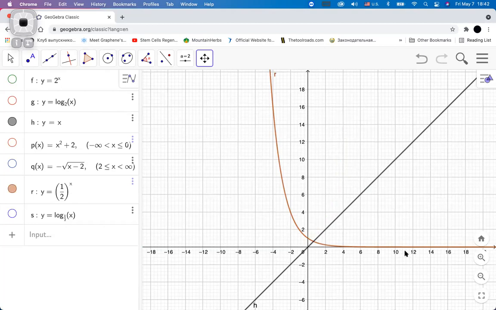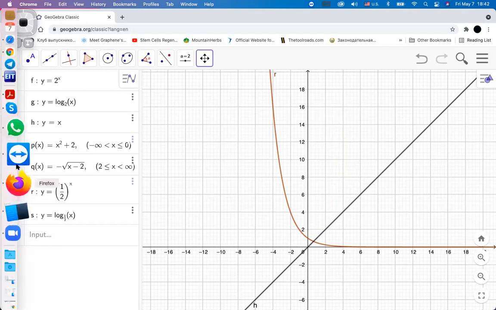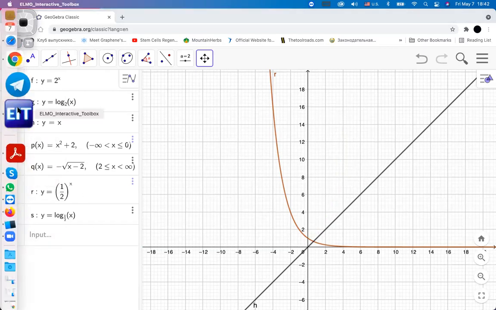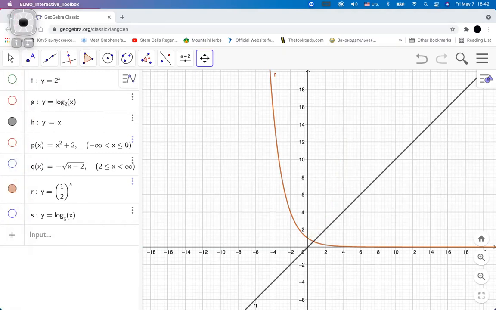It looks like it's touching, it does not, because the range is always positive real numbers. So here are both of them.